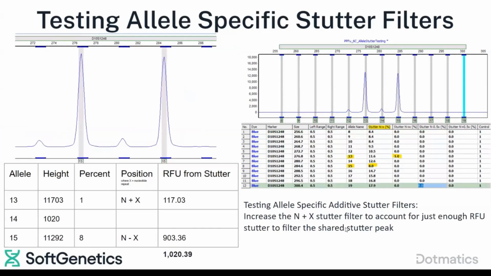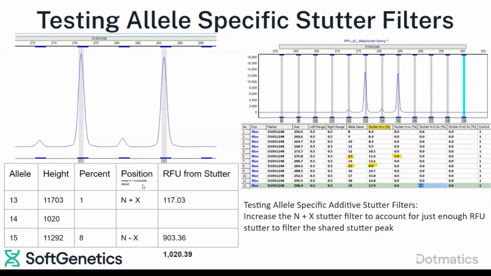Okay. So now we want to check the additive effect of the 13. So I'm going to go to the next slide. And here, if we just have 1% from the 13 allele, the amount of RFU from the 13 contributed to that 14 allele, when this is set at 1%, would be 117 RFU. Keeping the 8 the same, that would bring the amount of RFU from stutter to 1020.39.